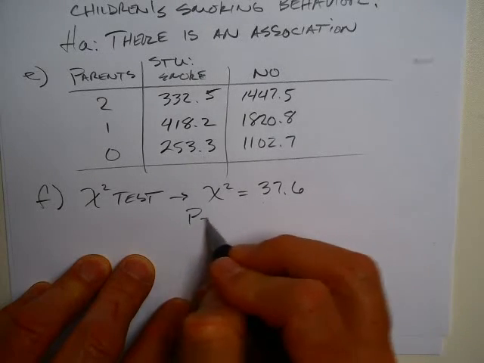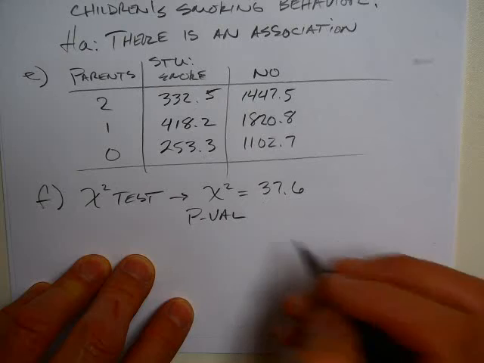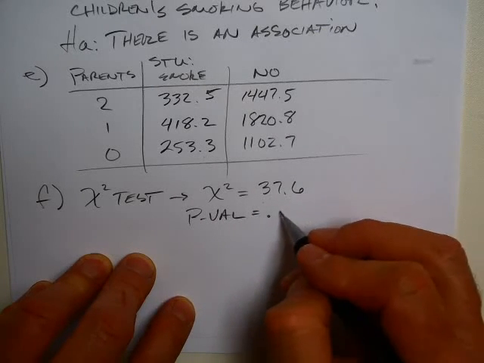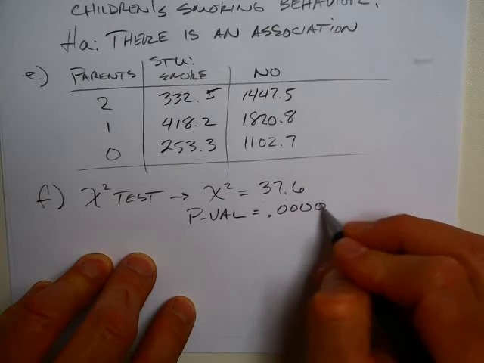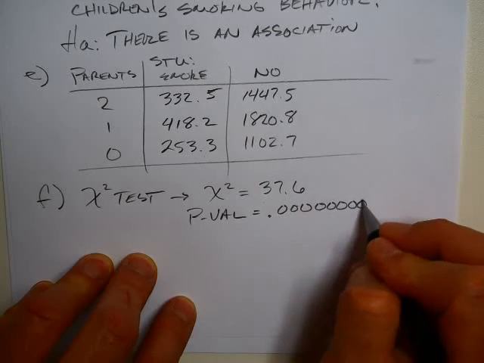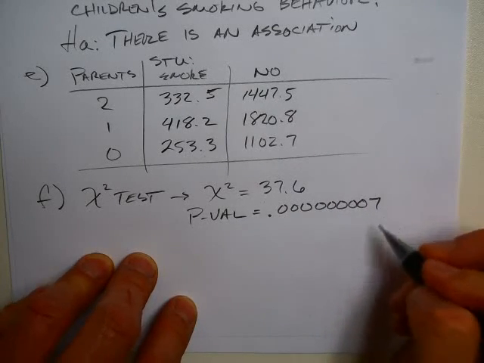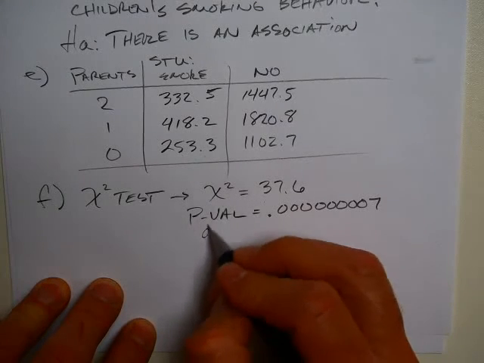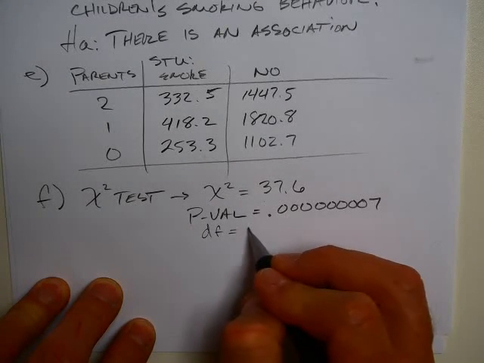The p-value is quite small. 0.000000000 about 7. It moves the decimal place 9 places. And degrees of freedom is 2.